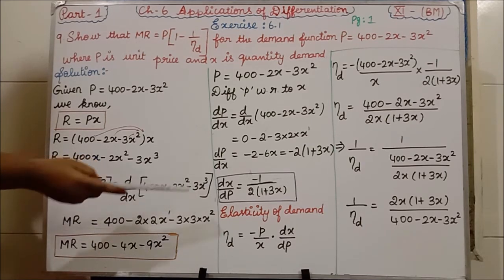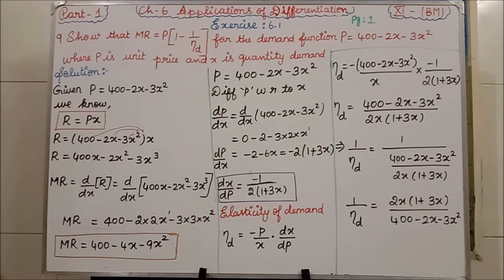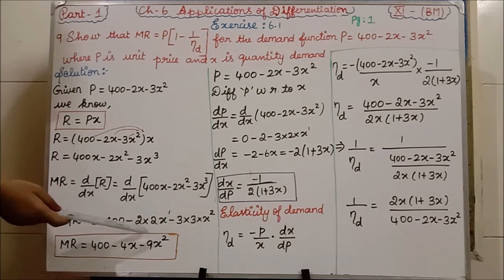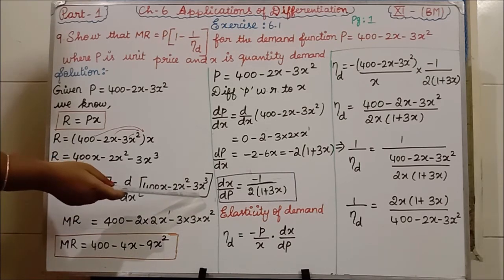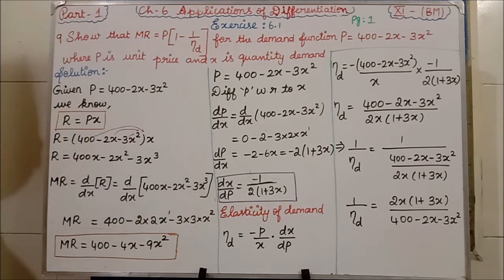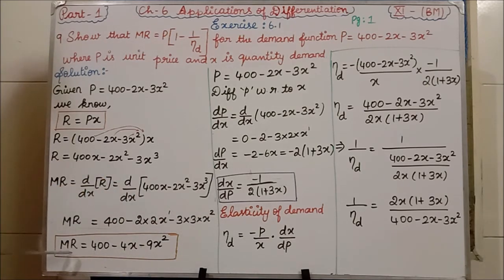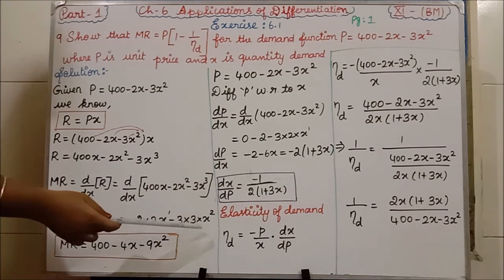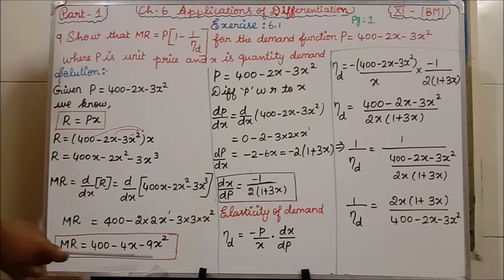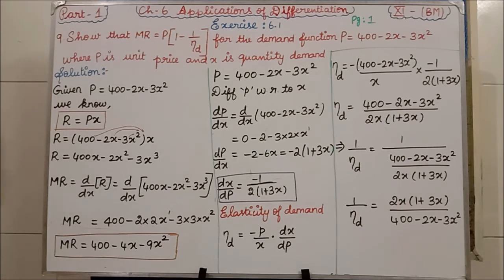Then minus 2x square, if you differentiate x square you get 2x power 1, so 2 into 2x. Then minus 3x cube, if you differentiate you get 3 into x square. So marginal revenue equals 400 minus 4x minus 9x square. Marginal revenue we have got.